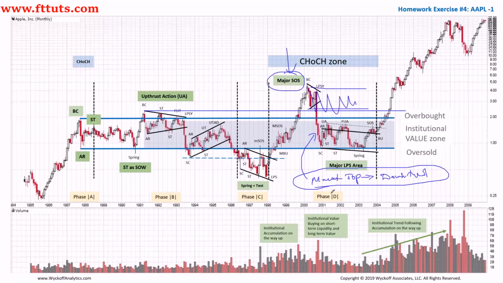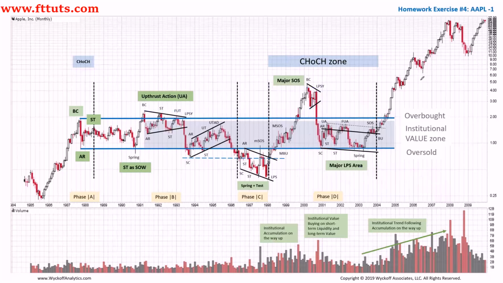Well, the 2000 market was a really urgent market to distribute the stocks, and we had a couple of big moves to the downside, big legs to the downside, very volatile. So that type of price action is going to create a lot of following. So therefore, a lot of the leadership stocks are also going to go down. They're not going to go down as much as the market, but they're still going to have a pronounced move to the downside. So sometimes in phase D, we would observe this phenomenon.